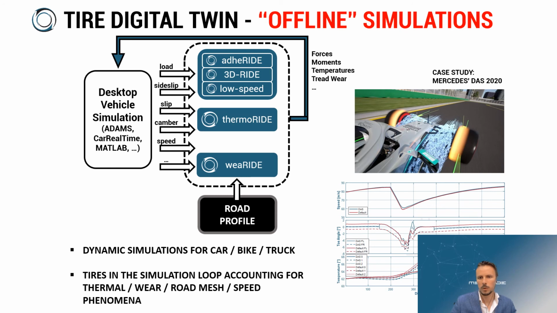In this case, what you can see is the case study offered from Mercedes DAS 2020, where we had a chance to analyze the possible impact of the DAS solution on the overall vehicle performance.